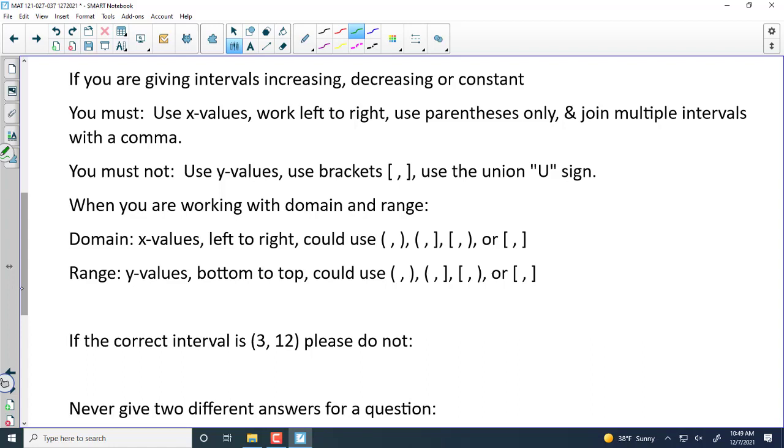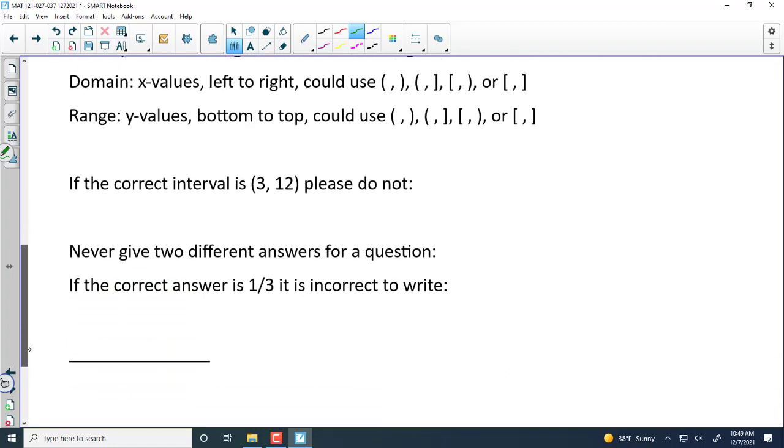All right. Oh, so here's a big thing right here that I can't have you doing. So let's say you're doing an interval and the answer is 3 to 12. You're writing the interval from 3 to 12. Not an ordered pair, but an interval. Please do not do this. And say, Steve will never know if I mean parentheses or brackets, so he's got to mark it right.